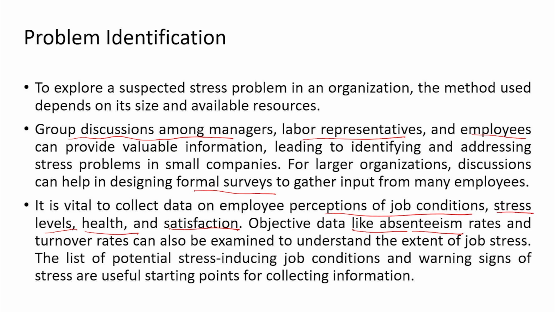Then we can also have an insight about the turnover rates, meaning annually how many employees leave this organization and move to some other organization. This is also very vital data to tell you about the level of satisfaction which the employees feel. If the employees feel satisfied, they are not going to move away from the organization, but if they do not feel satisfied, they will have a tendency to change the institution frequently.